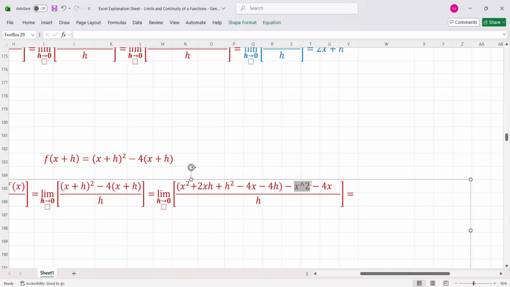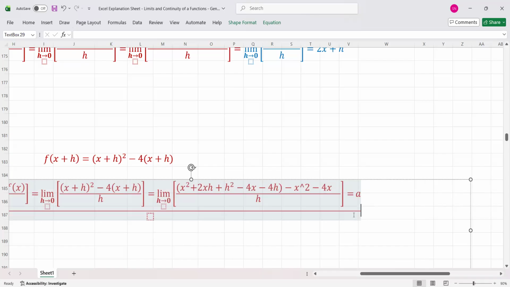Okay, so this x squared here will take care of this x squared there. And then 4x here will take care of this 4x here. So my numerator is going to reduce to 2xh.